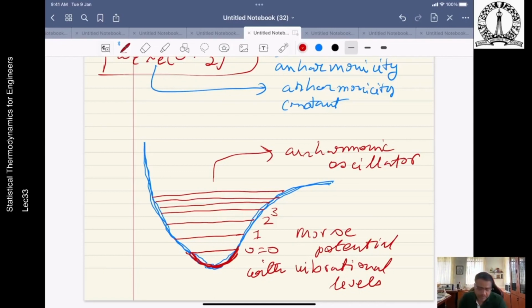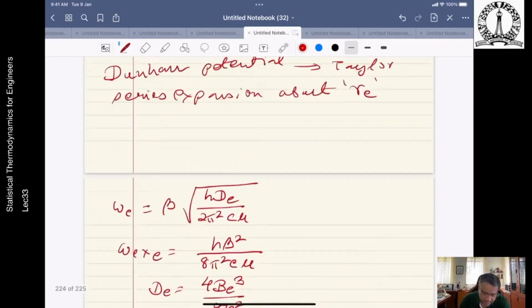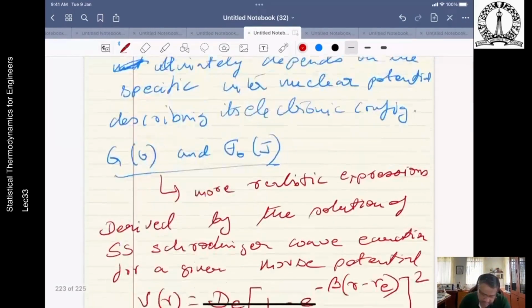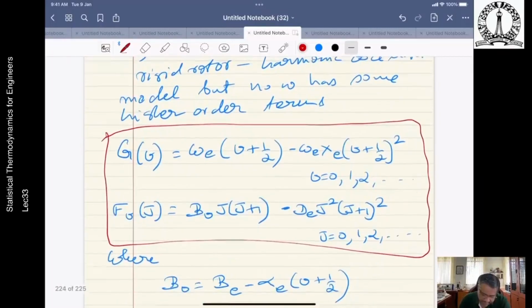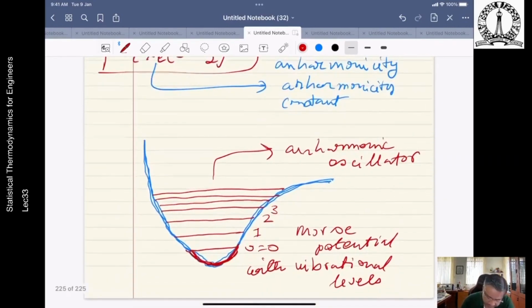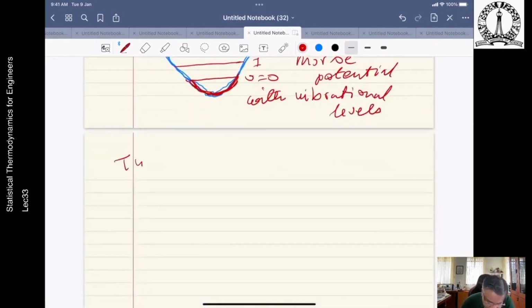Now if you see the negative correction term, let's again revisit this expression. This is a negative correction term, right?